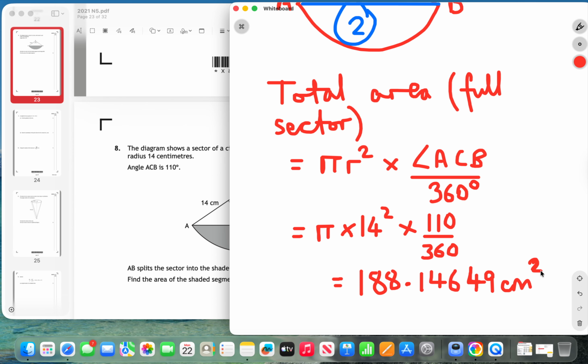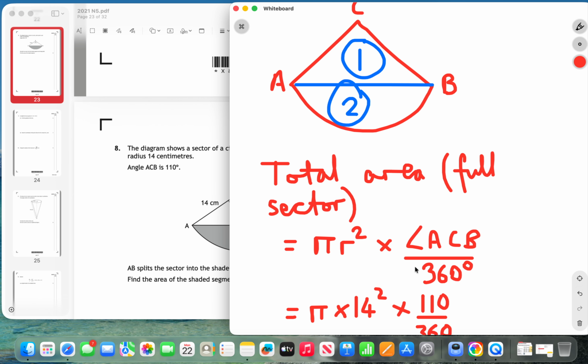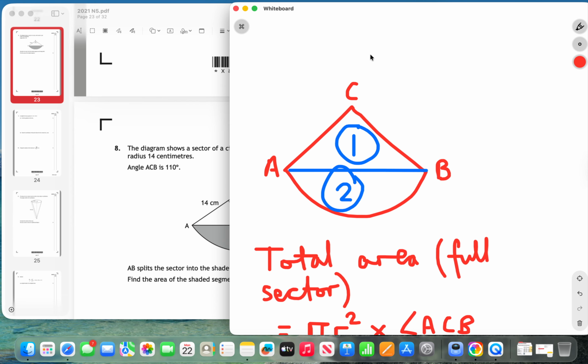You do not want to round too early, so we'll put in all of those significant figures, and that is the total area of this full sector.